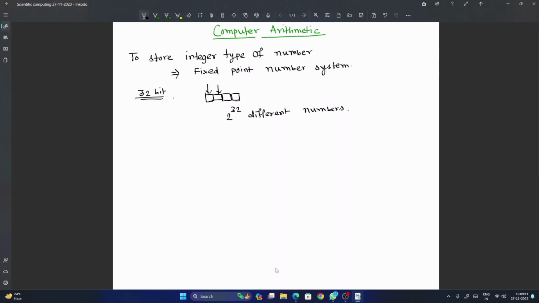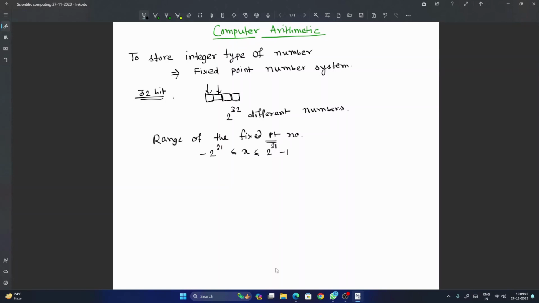In that case, the range of the fixed point numbers in this 32-bit system is minus 2 to the power 31 less than or equal to x, less than or equal to 2 to the power 31 minus 1. That is the minimum and that is the maximum number, 2 to the power 31 minus 1, that you can store in a fixed point number system in a 32-bit machine.